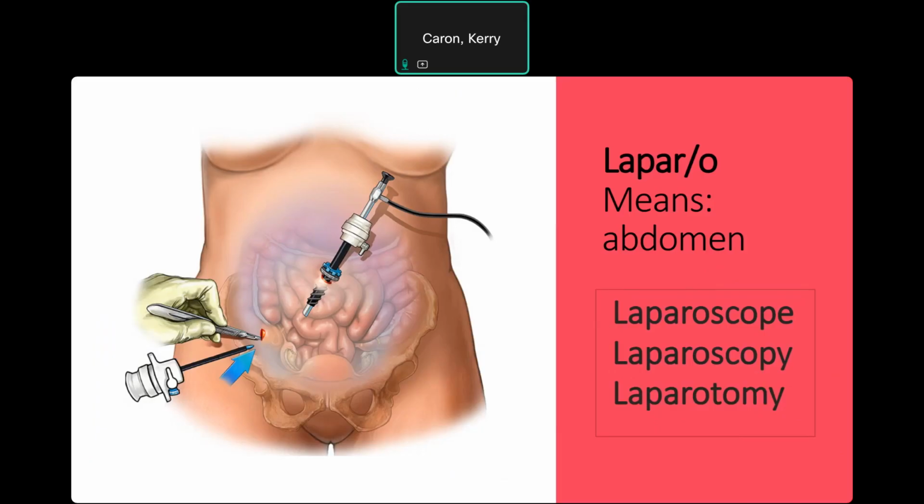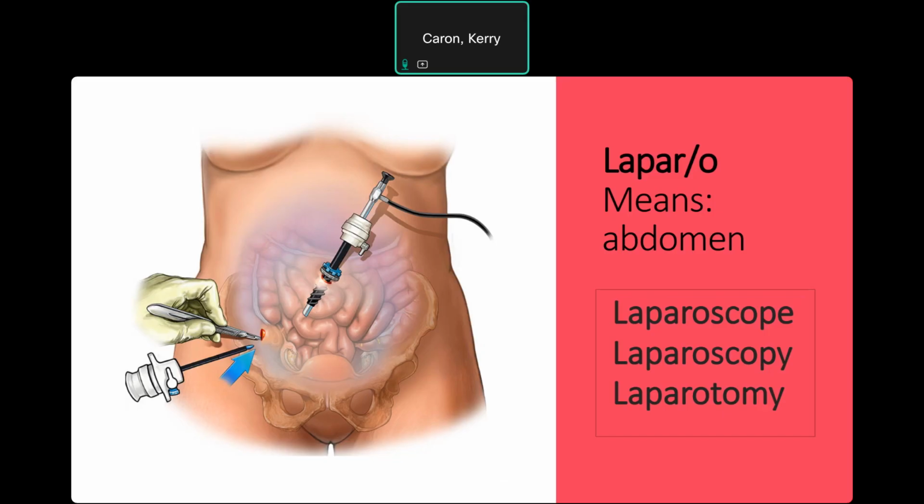Laparo. Now, laparo does not necessarily have to belong to the female reproductive system. Laparo means abdomen. So if you had surgery laparoscopically with a laparoscope, that's an instrument used to visualize the abdomen. Laparoscopy is the process of visually examining the abdomen.